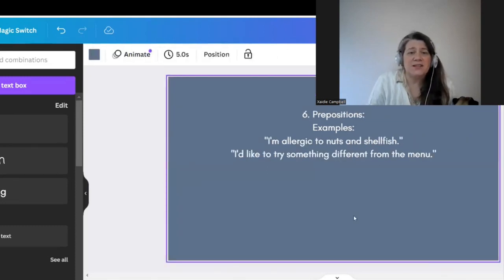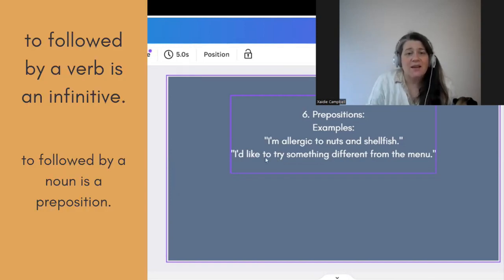I'm allergic to nuts and shellfish. To nuts. The to is your preposition. I'd like to try something different from the menu. Okay, so this to is not a preposition. How do I know? I know that this is not a preposition because it's in front of a verb, try. That makes this to try an infinitive.